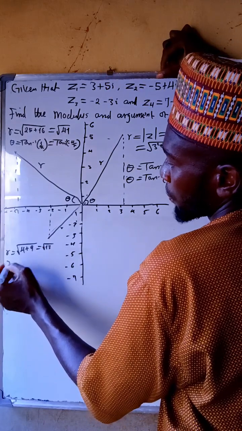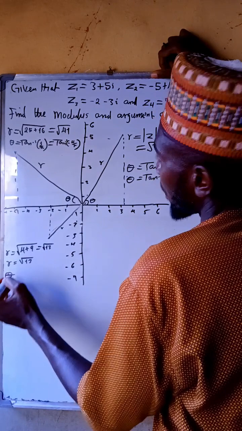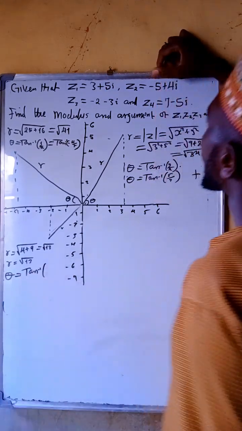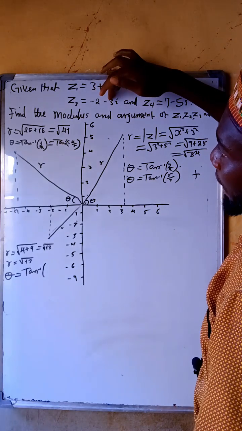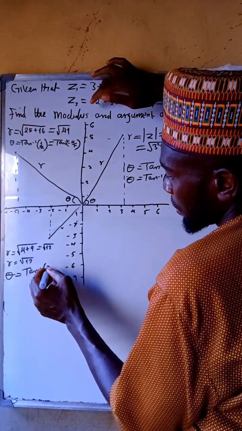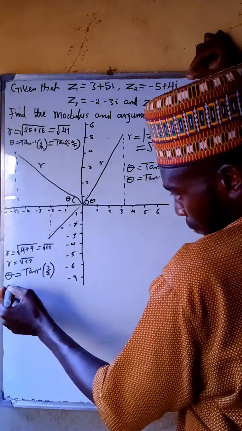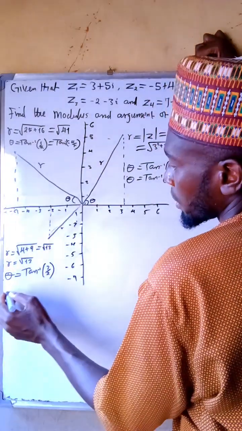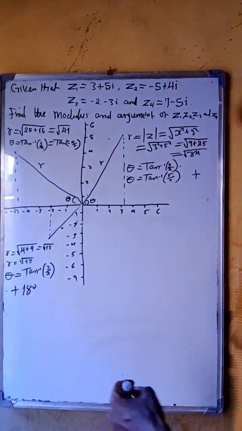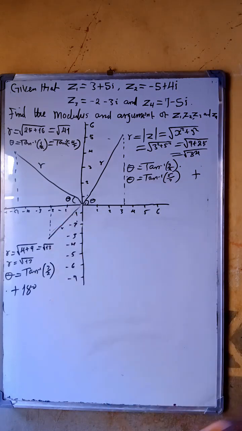And therefore our modulus is equal to root of 13, and our argument is equal to tan inverse of negative 3 divided by negative 2, which will give us 3 over 2, because the negative and negative cancel. So if you get a negative argument, don't forget to add 180 to it. Then whatever positive number it gives you is the argument of z3.